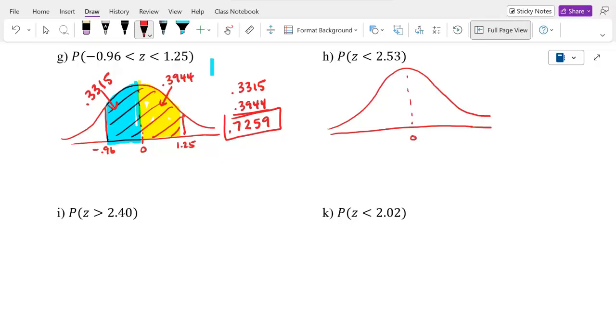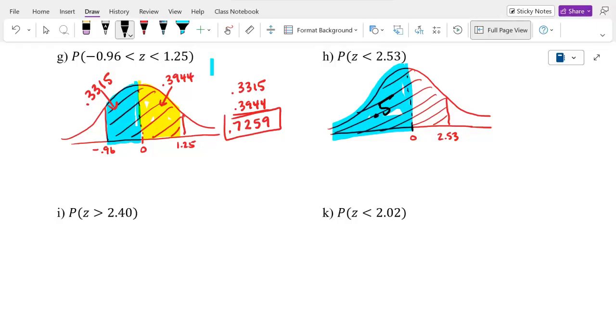All right, we're going to start at 2.53. I need everything. Let's see, Z is less than that. Remember, don't stop at 0 unless it says from 0 to that number. It means keep going all the way to the left. This is one of those where we can say the area from 0 out to this side, that's 0.5.